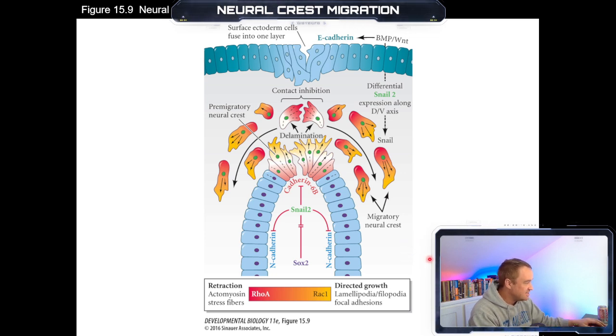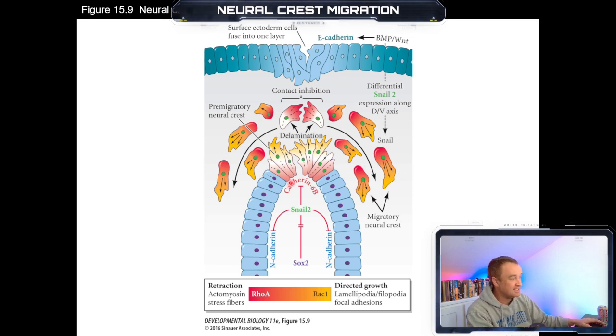Let's see. So this causes cadherin 6B here. That's upregulated only in the apical portion up here, and that functions to activate RHOA. Is that labeled on here? Oh, this shows RHOA. It's the red part in these cells here.